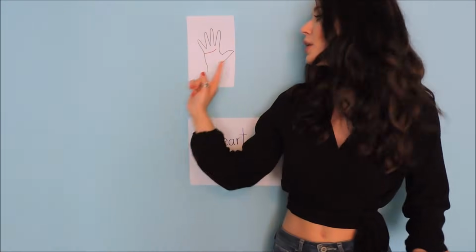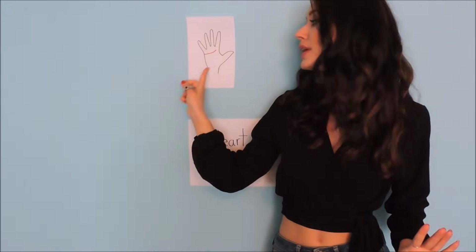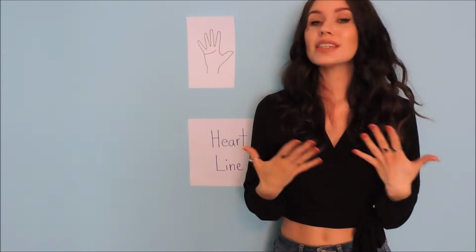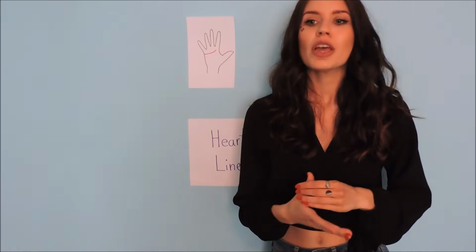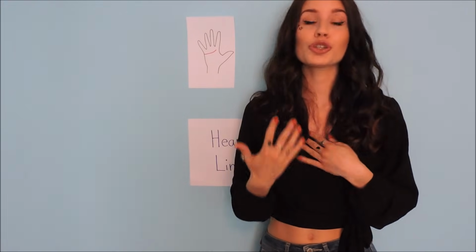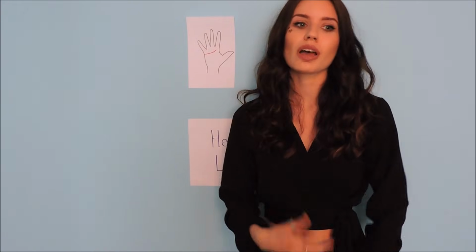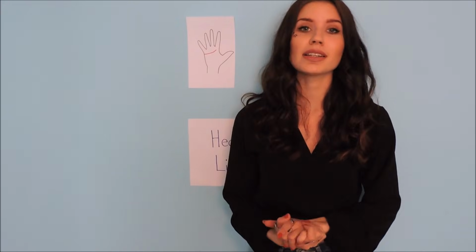Okay, so if you have a medium length heart line, this is a very good heart line length to have. People with this heart line usually find true love in life. Whether that is multiple true loves or just one true love, any kind of true love, they find it in their life.